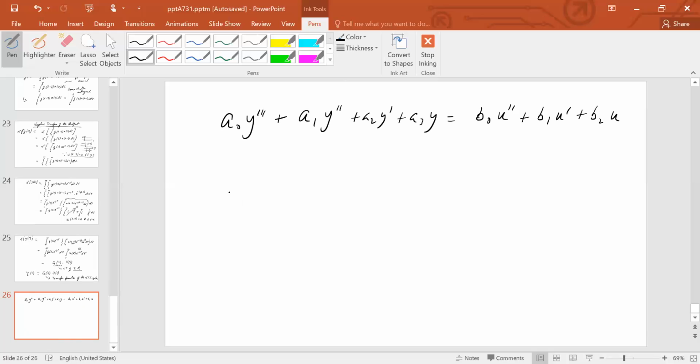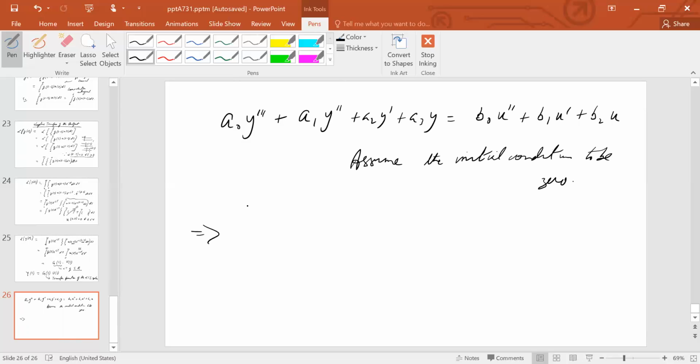Now that you know how to do this Laplace transform, I urge you to go through the table in Norman Nise's book. Assume the initial conditions to be 0. That is, the system is initially relaxed.